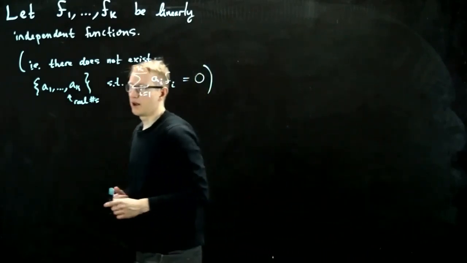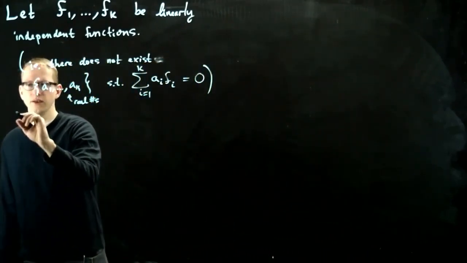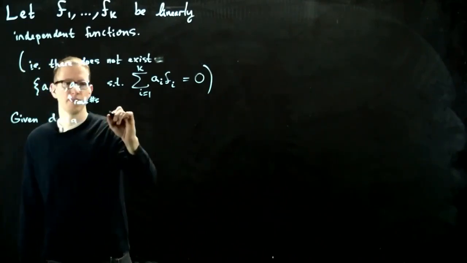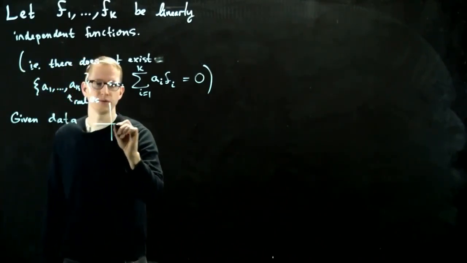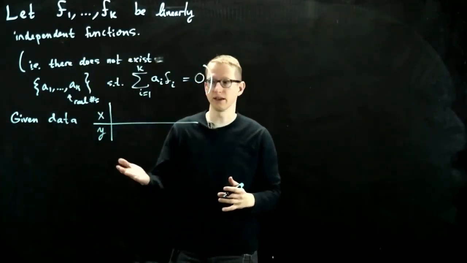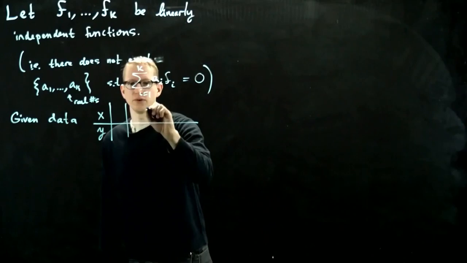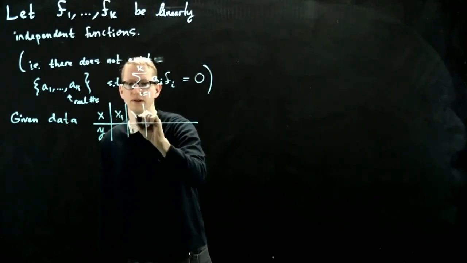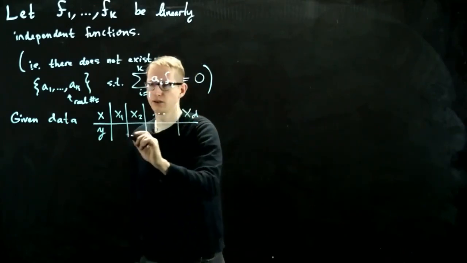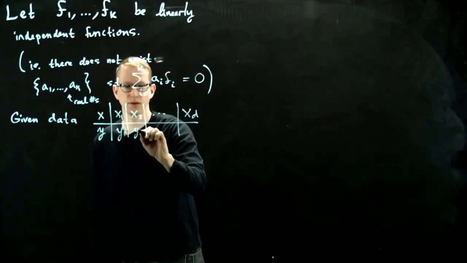And imagine you're given data points. Again, we're going to use our x and y variables, so your input is x and your output is y. And you have a whole list of data, x1, x2, up to xd, where d is the number of data points.